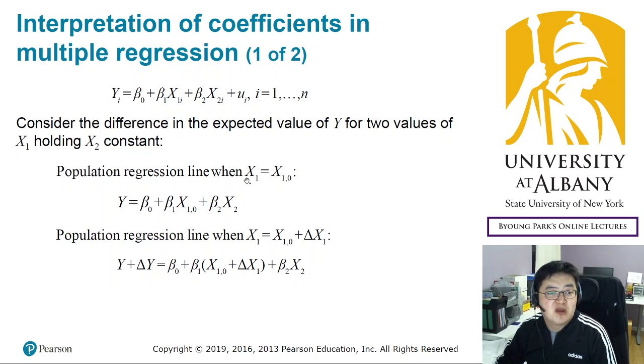Suppose that your student-to-teacher ratio, x1, is now at a point x10. So let's say your student-to-teacher ratio is now 10. Your expected value of test score, you can expect test score y as much as this.